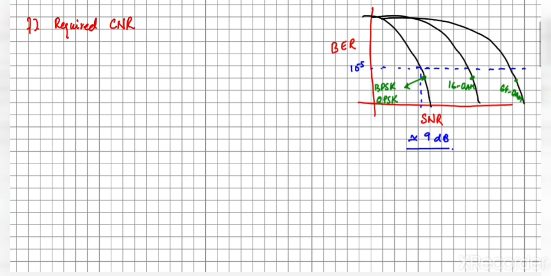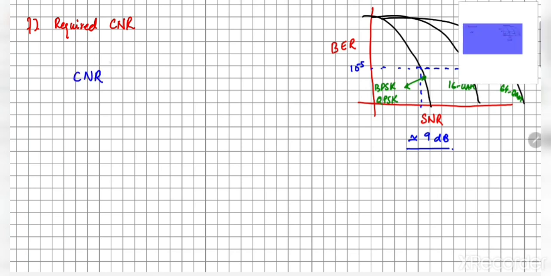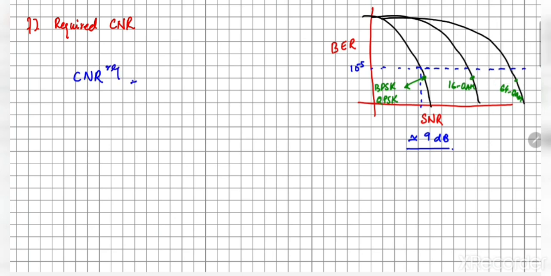And how does this relate to the carrier to noise ratio? The carrier to noise ratio can be expressed as CNR required is equal to SNR required plus some losses of implementation. So this figure of 9 dB comes from the theoretical curves.